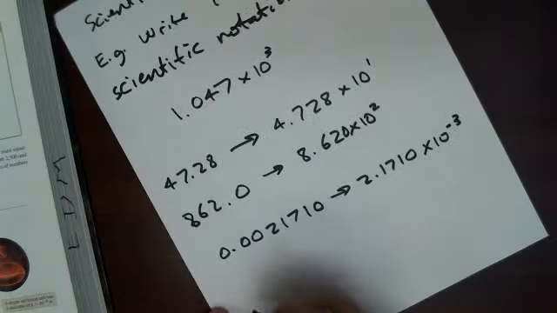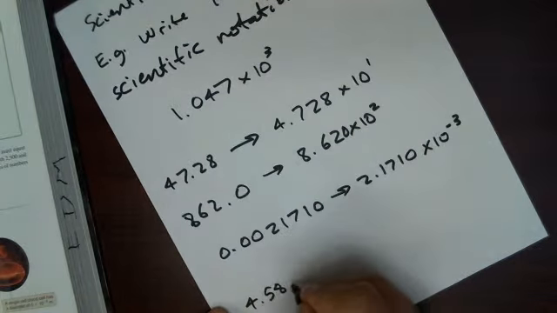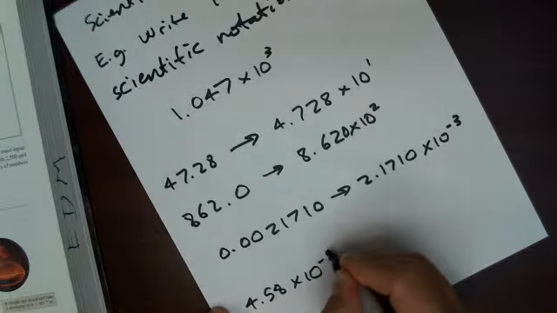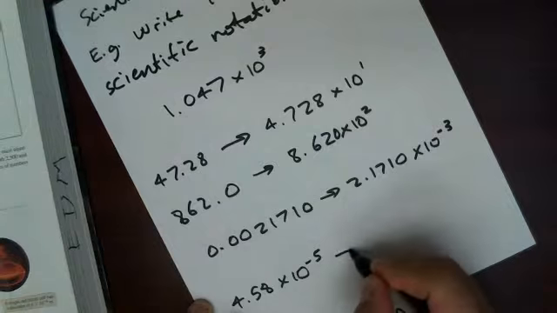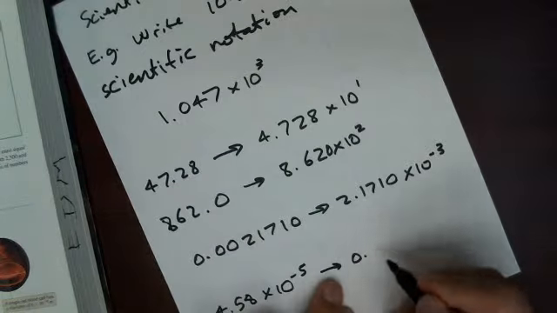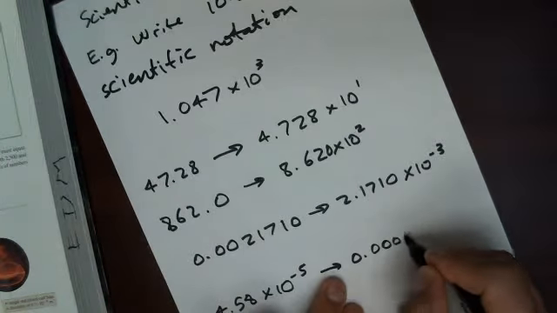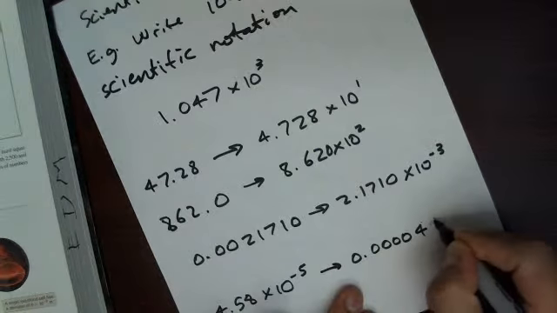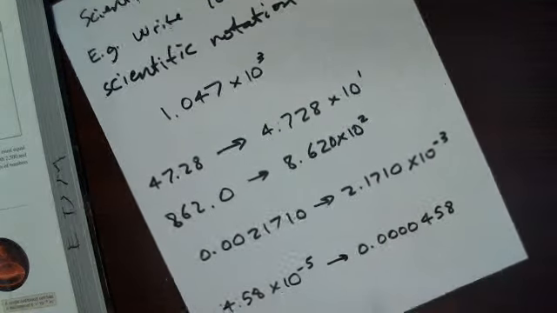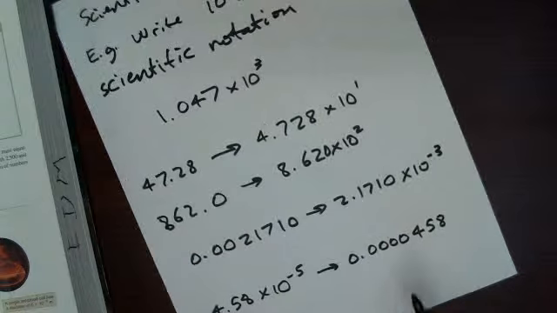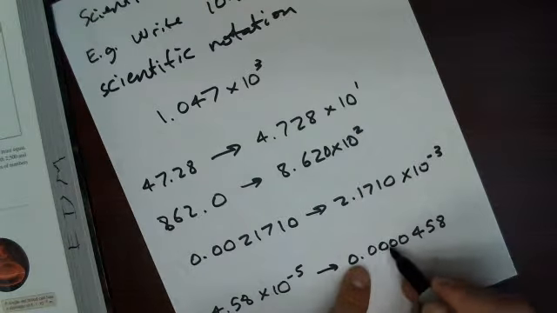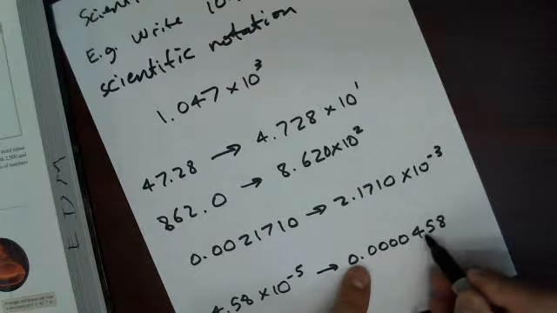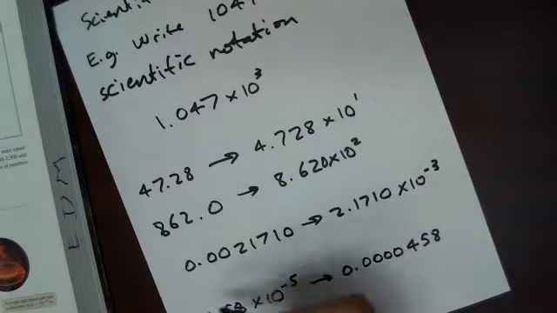So we can go the other way. We might start off with a number like this. If you wanted to go back the other way, converting it, it would actually be like this. That's because if you look at it, I'd have to go 1, 2, 3, 4, 5 to go back this way.